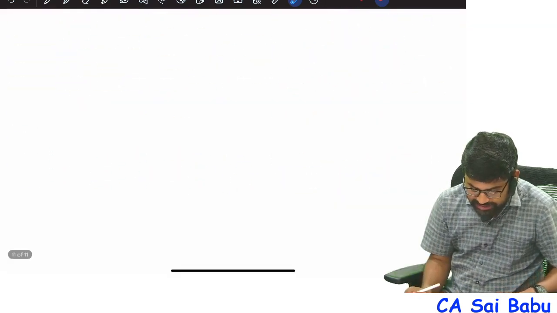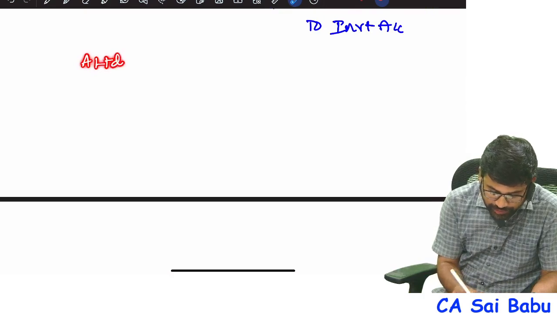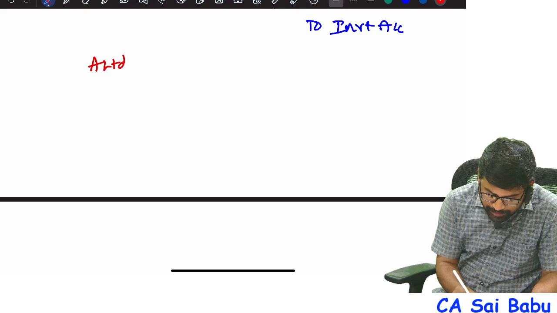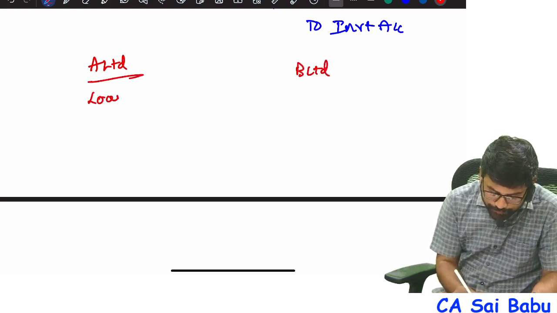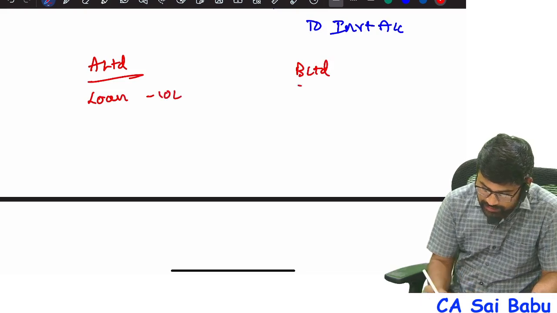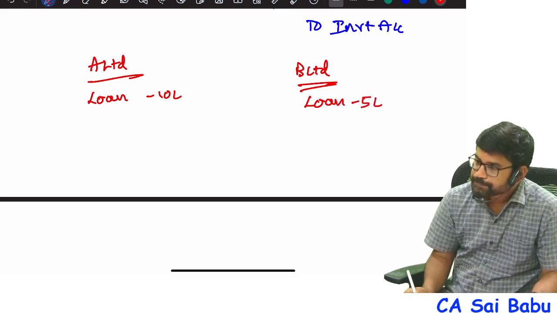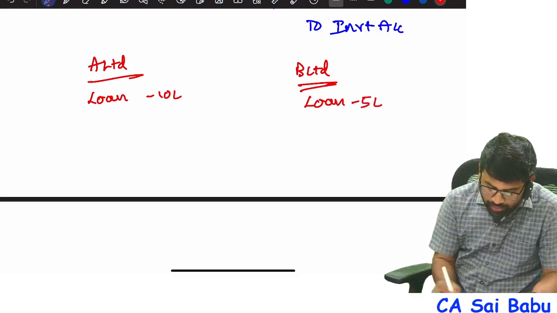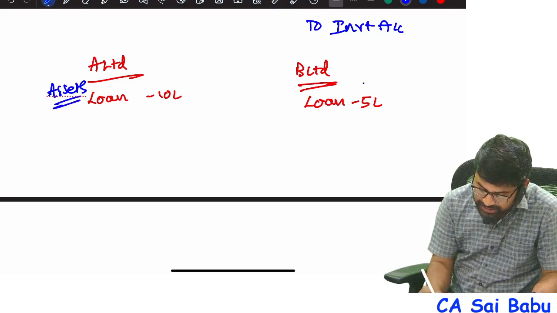For example, see this. One simple example I will give. A Limited loan 10 lakhs. B Limited loan 5 lakhs. Two companies are there. Now, parent point of view, this is an asset, loan given. Subsidiary point of view, this is a liability, loan taken.